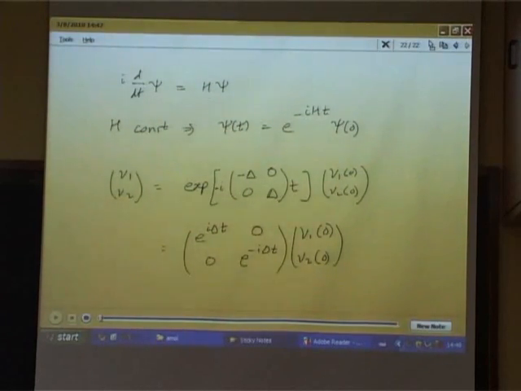Once off-diagonal elements come in, it will become messy and you have to use the power series. However, for diagonal matrices, the power series is very simple, and therefore you can just write this exponent.